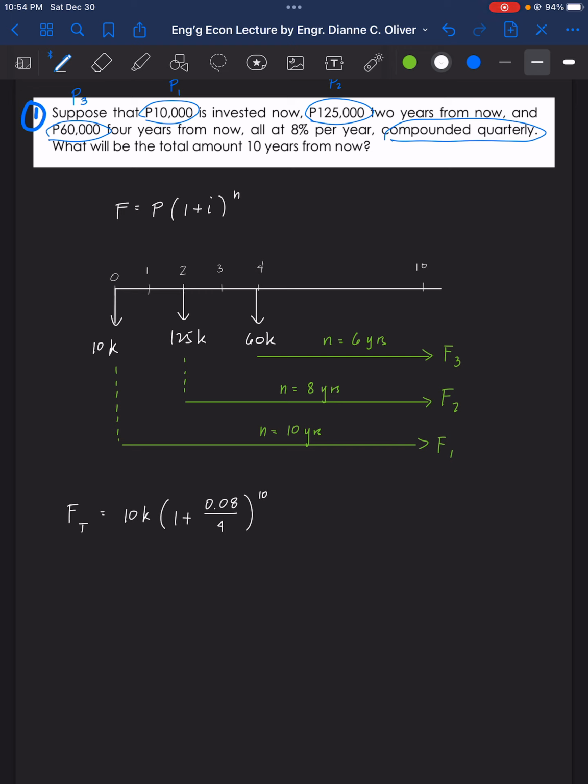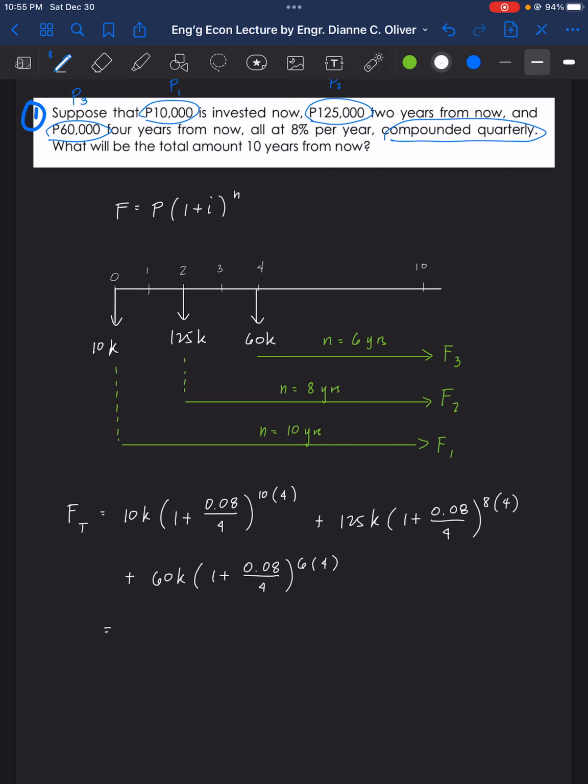Number of years here is 10 times 4, plus 125K times 1 plus 0.08 divided by 4 raised to 8 years times 4, plus 60K times 1 plus 0.08 divided by 4 raised to 6 times 4.